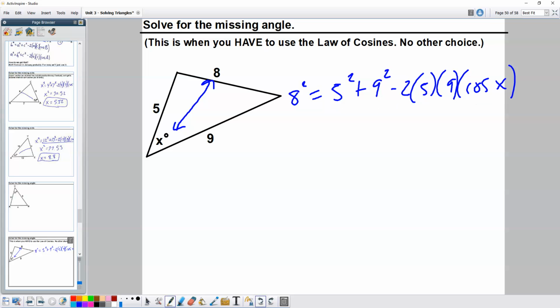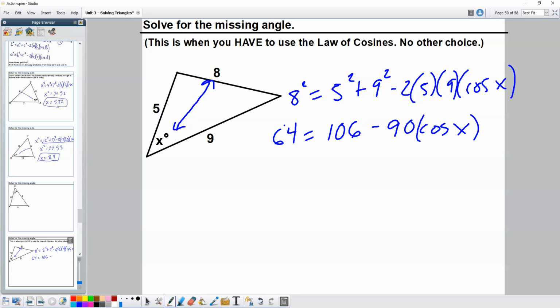So we're going to say this is 64 and 25 and 81. That would be 104, I believe. No, 106. And this would be 90 cosine of x.